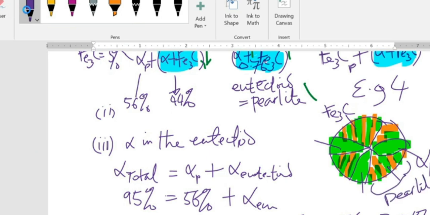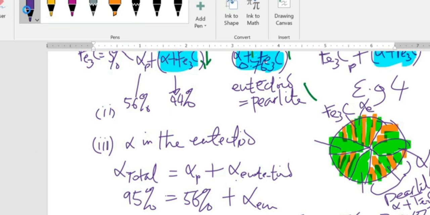And perlite also has ferrite; it is alpha plus cementite. The alpha is the green in there, right? So it means the total ferrite is going to be what? The big proeutectoid ferrite plus eutectoid. The small one here is the one in the eutectoid. We call it this eutectoid ferrite.